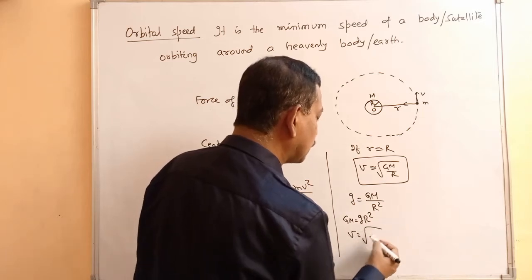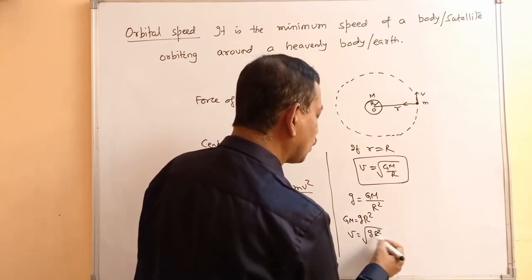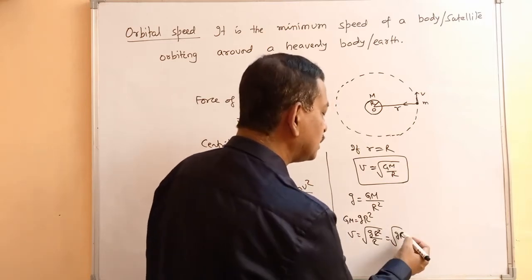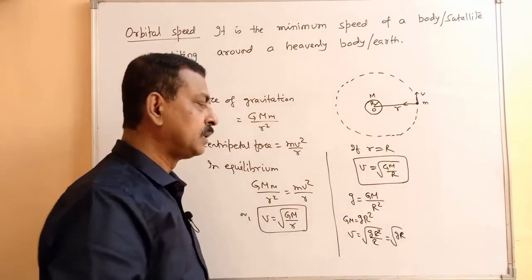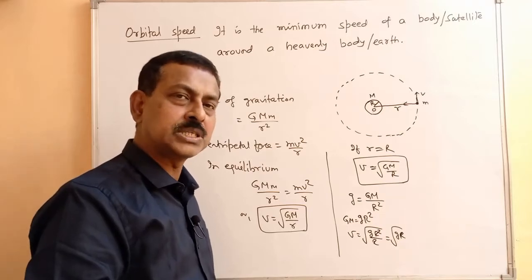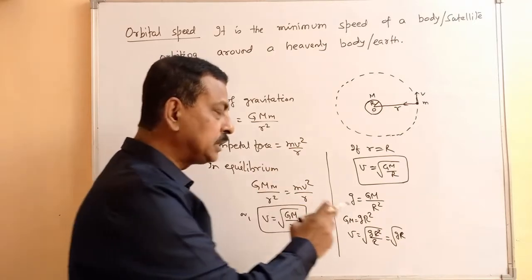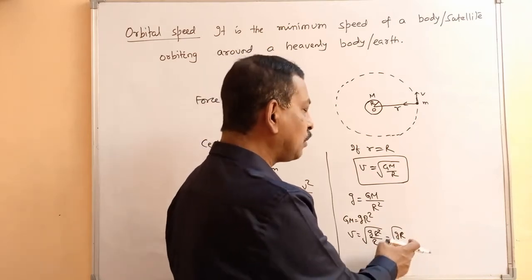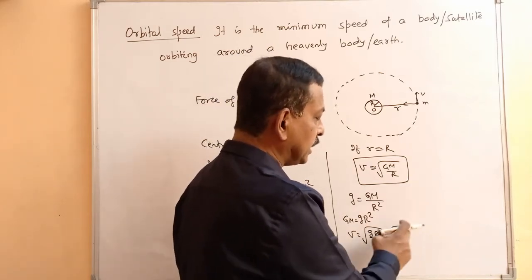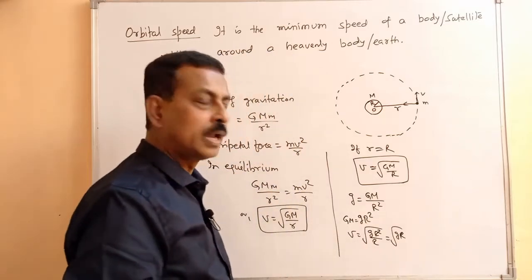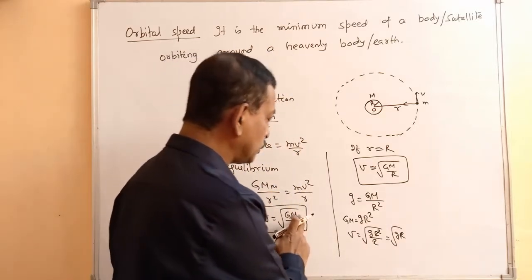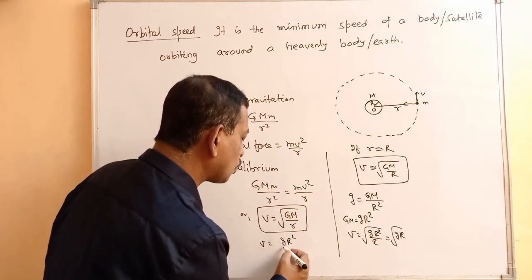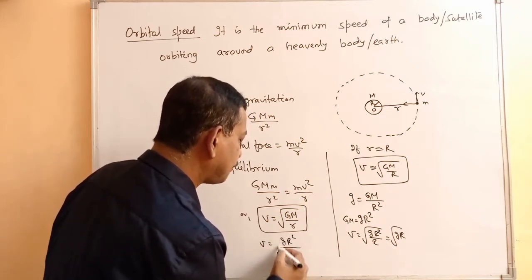It will be root over g R square by R, and that is root over g into R. This is another form in which orbital speed can be expressed. That means now it is in terms of acceleration due to gravity on the surface of Earth and also the radius of the Earth.